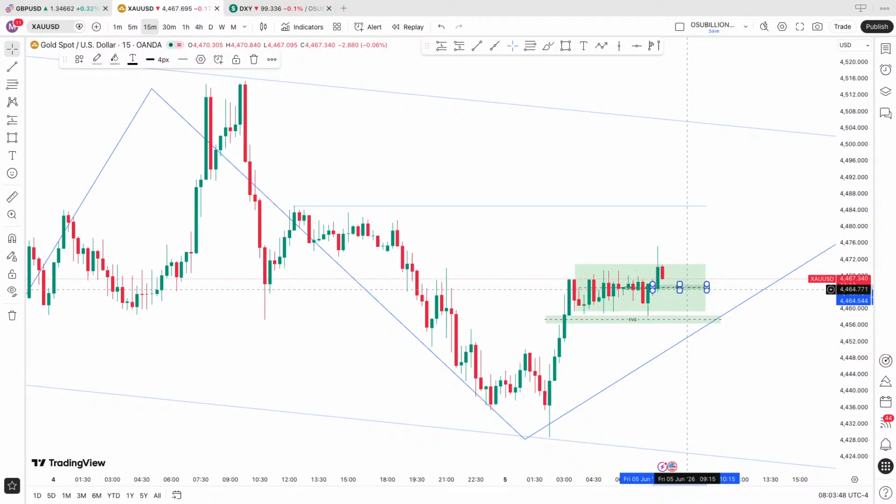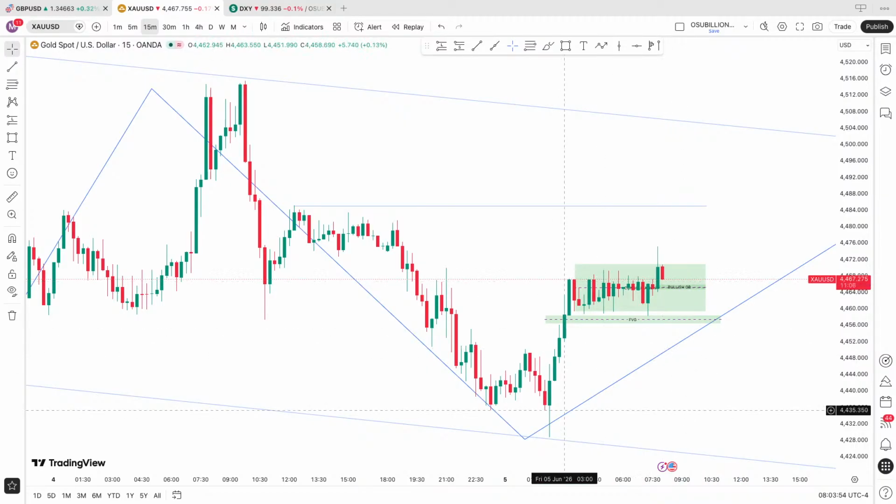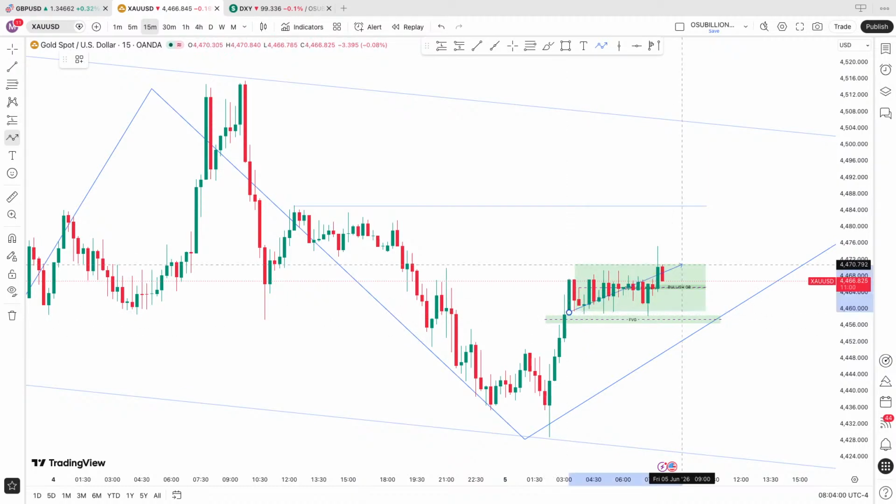And this is what we have. Can we get it in a way that it will actually range from here to here and then touch here before actually going here? Let's hope maybe that is what we get.